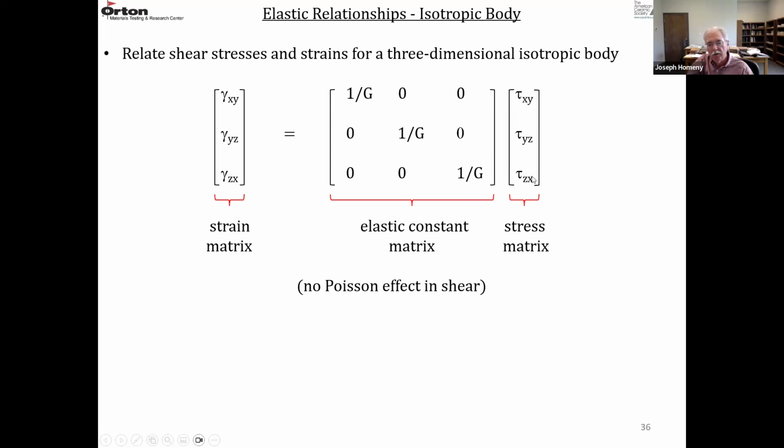So again, if you take your stress matrix, multiply it by the first line here, you get your shear strain gamma xy. If you take this column, multiply it by this row, you get gamma yz. And if you take this column again, multiply it times this row, you get gamma zx.